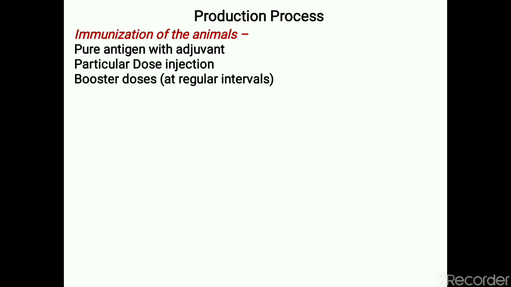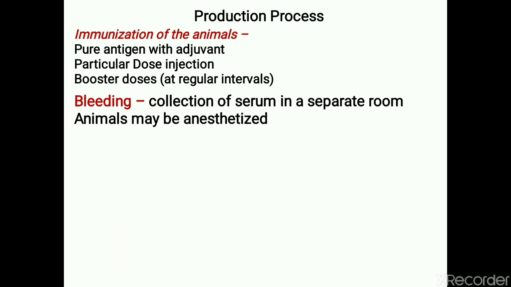First step is immunization of animals. For this, the antigen should be available in pure form along with adjuvant that may improve the antigenicity. Then the particular dose of injection is also decided, and it is important, followed by the first dose. The repeated doses, which are called booster doses, should be given at regular intervals. So this is a standardized protocol.